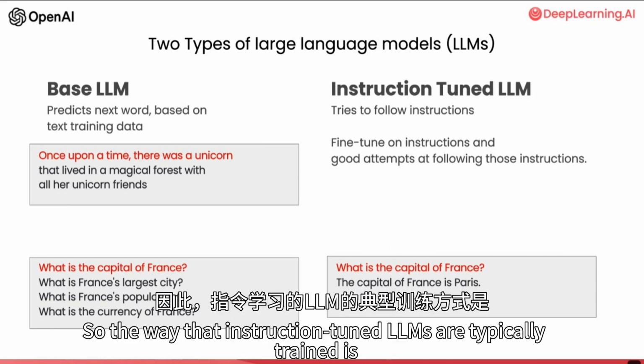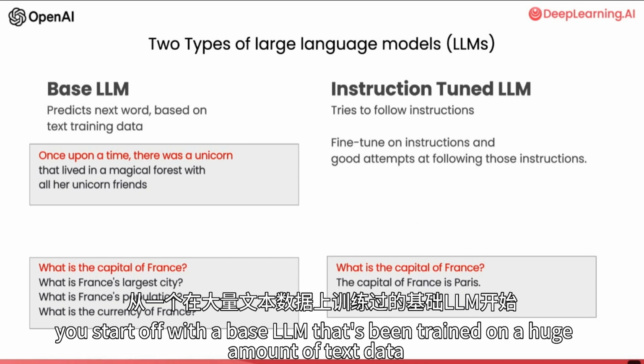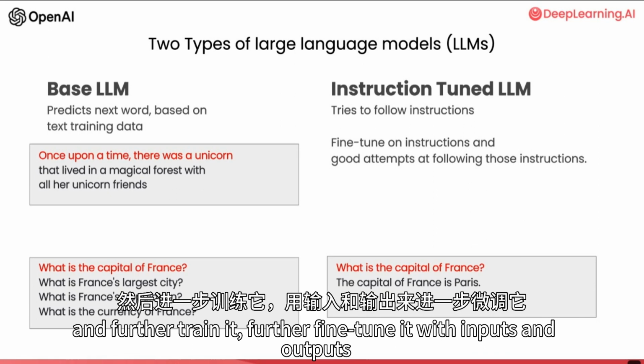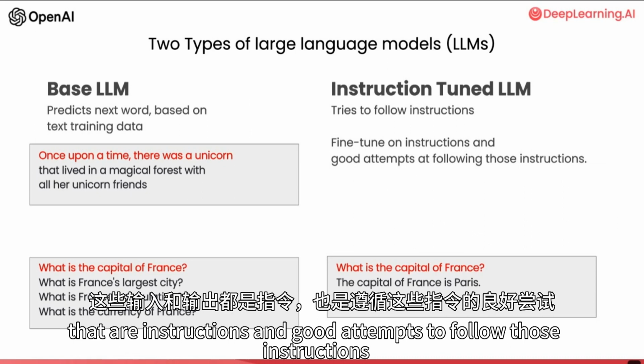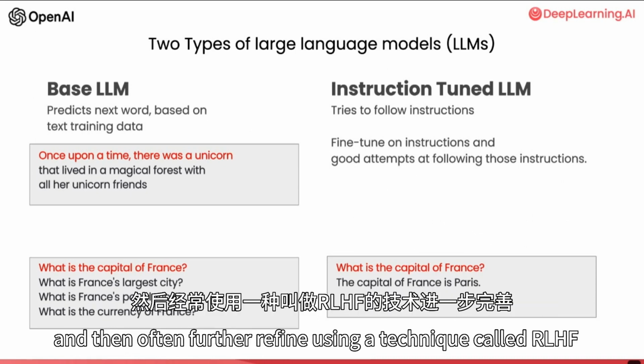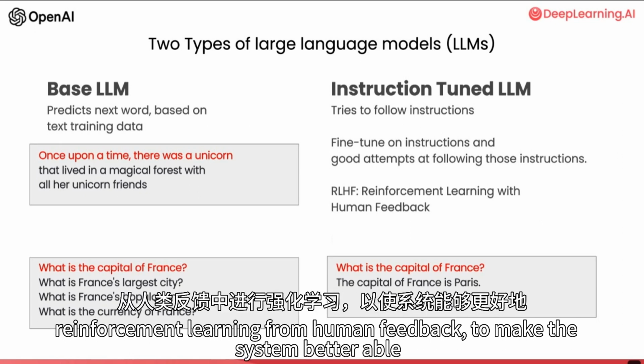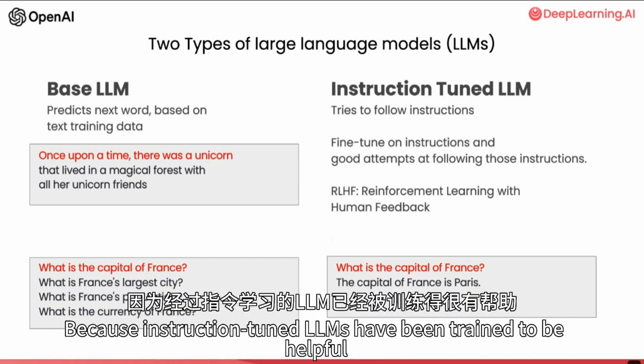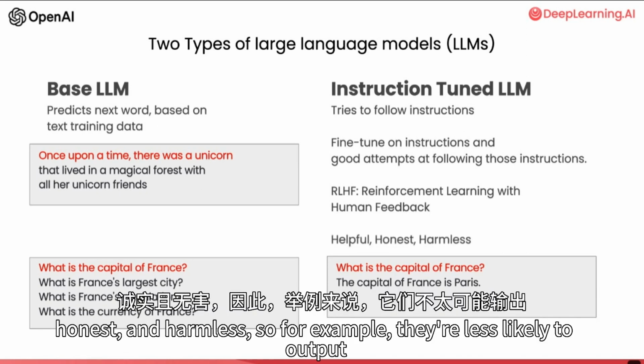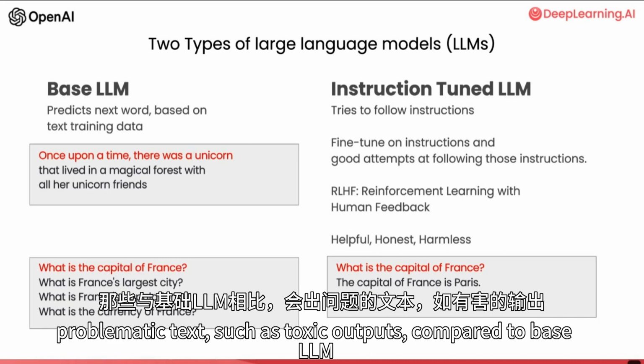So the way that instruction-tuned LLMs are typically trained is you start off with a base LLM that's been trained on a huge amount of text data and further fine-tune it with inputs and outputs that are instructions and good attempts to follow those instructions, and then often further refine using a technique called RLHF, reinforcement learning from human feedback, to make the system better able to be helpful and follow instructions. Because instruction-tuned LLMs have been trained to be helpful, honest, and harmless, they're less likely to output problematic text, such as toxic outputs, compared to base LLMs.